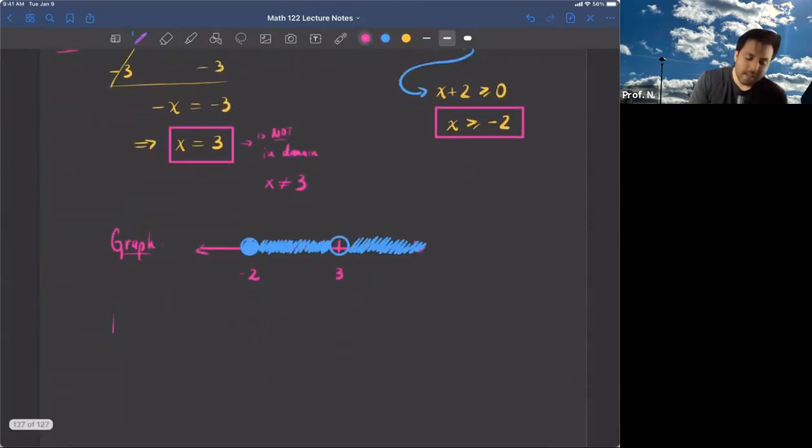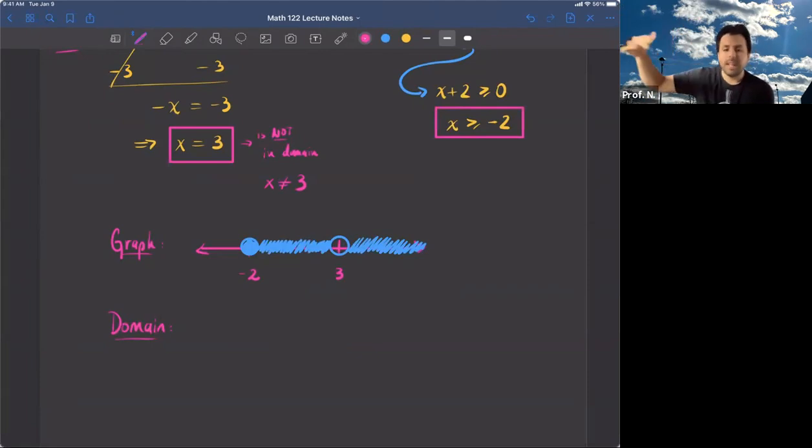Now, what would be my domain? Well, my domain is exactly what's expressed in the graph. I'm just going to express the domain as an interval. And you see how these things build upon what we just did in the beginning of this review sheet, interval notation. That's why we care about interval notation, because now we're using interval notation not just to express some random set. Now we're using interval notation to express the domain of functions.